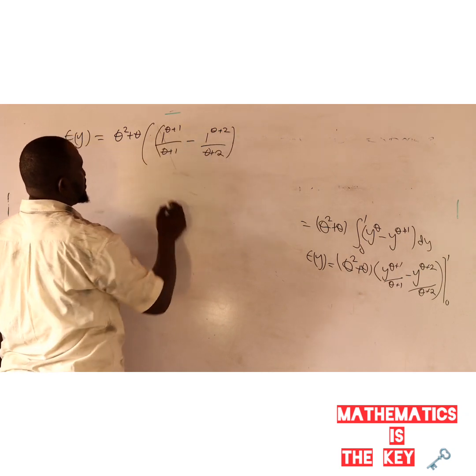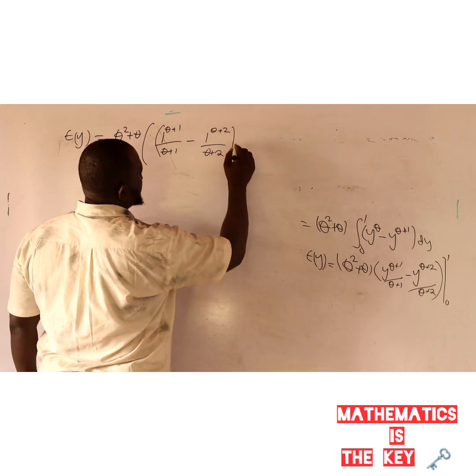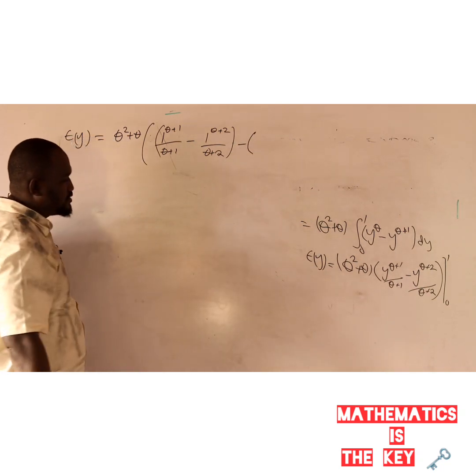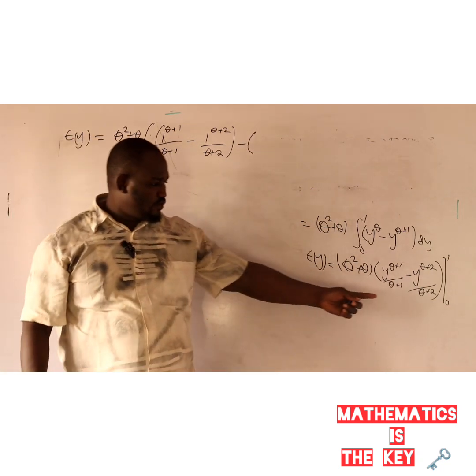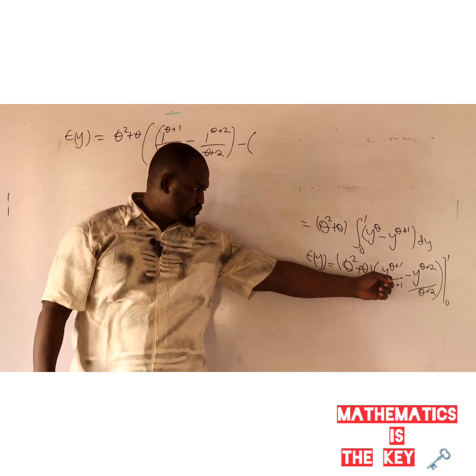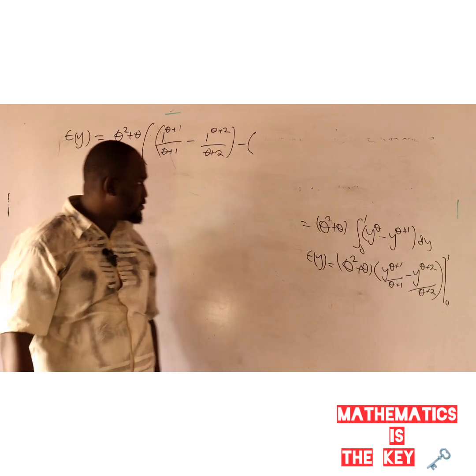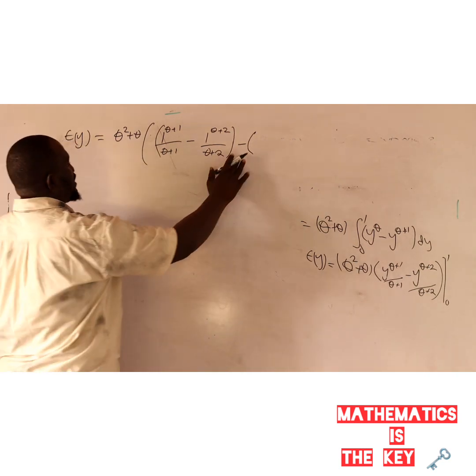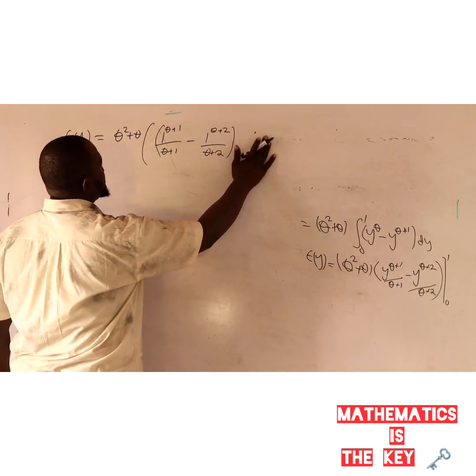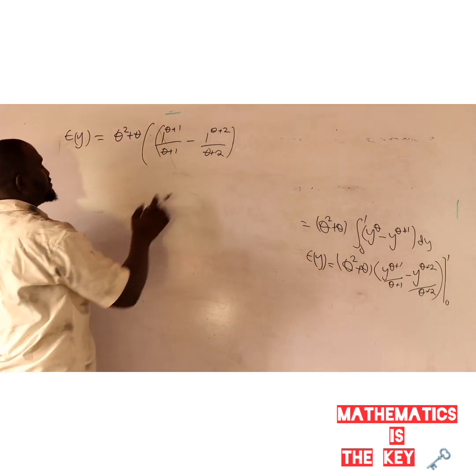This is putting the upper limit minus the lower limit. The value of the lower limit here is 0. So if you put 0 here, we will have 0. If you put 0 here, we have 0. So the value for the lower limit is 0. So we can just reduce our work to this.